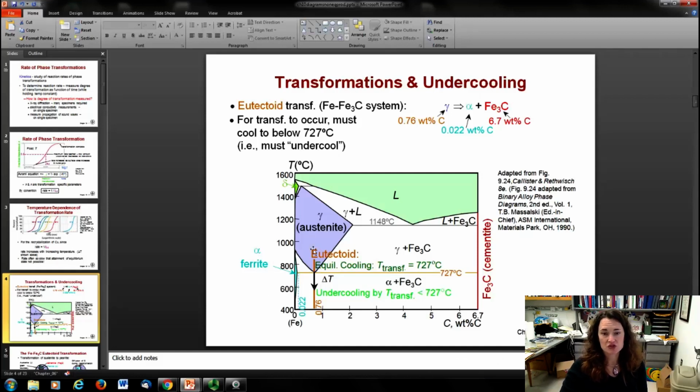And then the structure that's formed as you go across this at the eutectoid concentration is known as pearlite. When you go from austenite down across that eutectoid, you go into the region for pearlite. Now for this transformation to occur, you have to cool the material below 727 degrees C. So you have to undercool or supercool it.